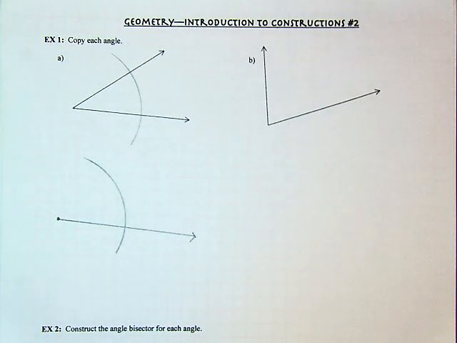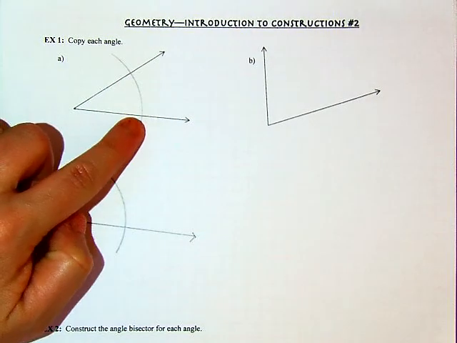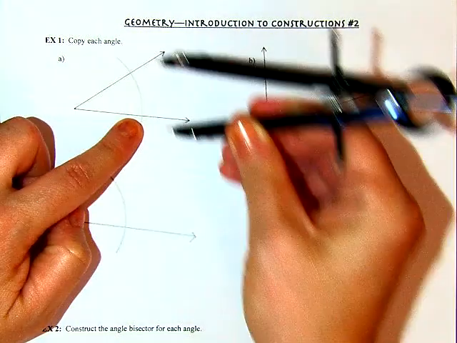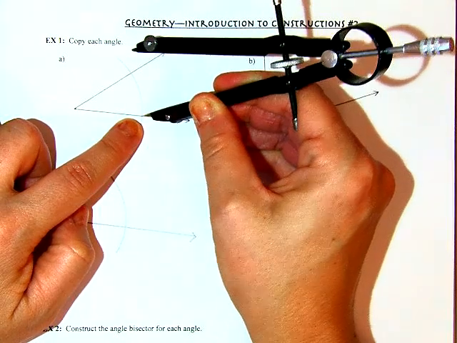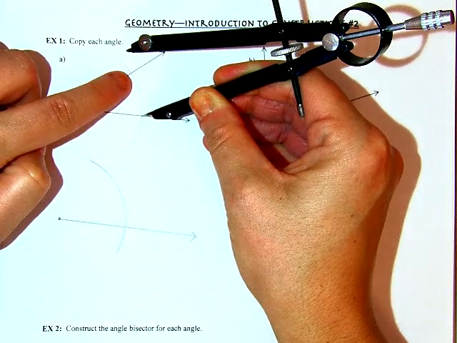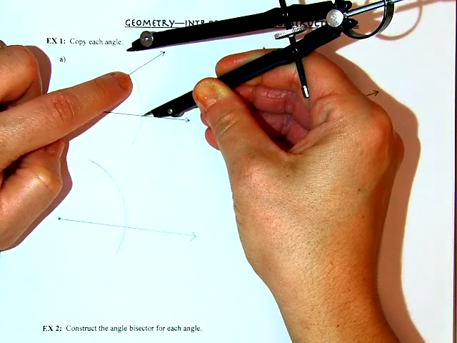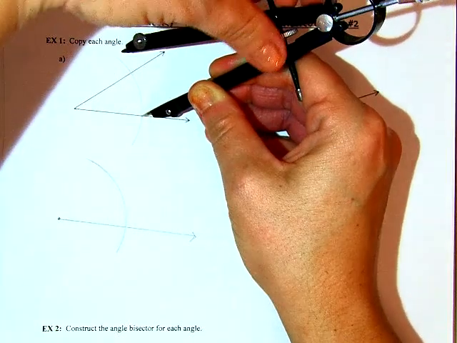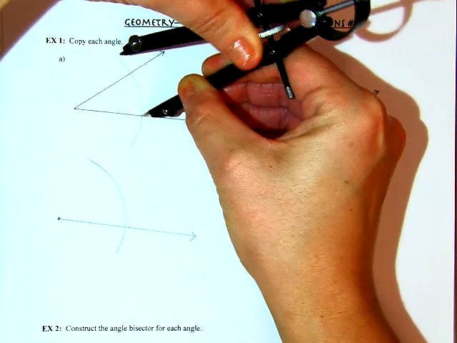All right, so next thing that I have to do, I'm trying to copy the angle. So my needle goes right here. So I'm going to put my needle right here, and I want to open it to this width. So I want it to be open to right here, this point of intersection. So I need to close my compass down a little bit.